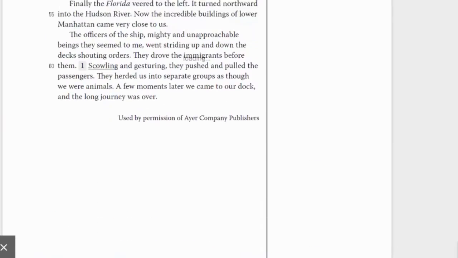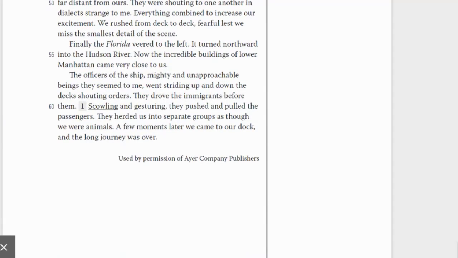There it is. We're on page C57, and we see the words scowling and gesturing. They pushed and pulled the passengers. Now, our participle is scowling. Scowling and gesturing, that's also a participle, but they want us to focus on scowling. Scowling describes somebody here, somebody who is pushing and pulling the passengers. And if we go back up to the beginning of the paragraph, we see that the officers are the ones that are scowling, gesturing, and pushing and pulling the passengers.